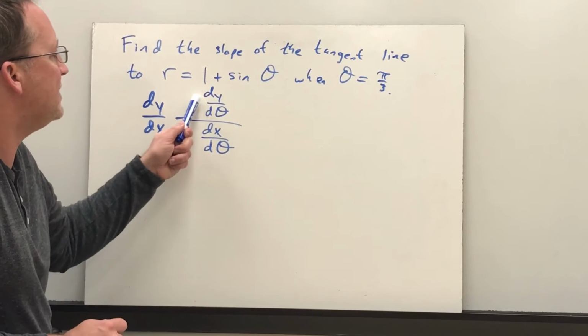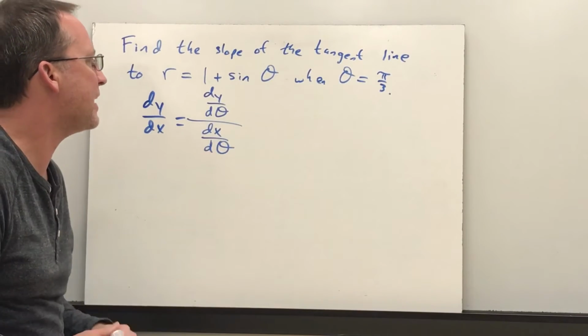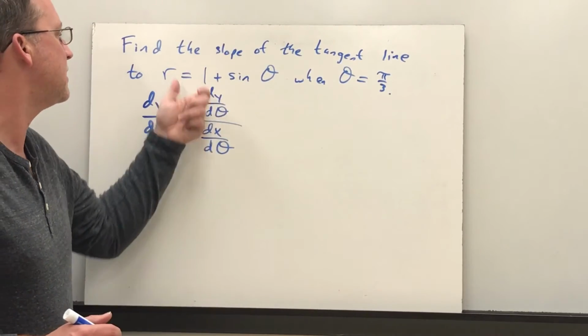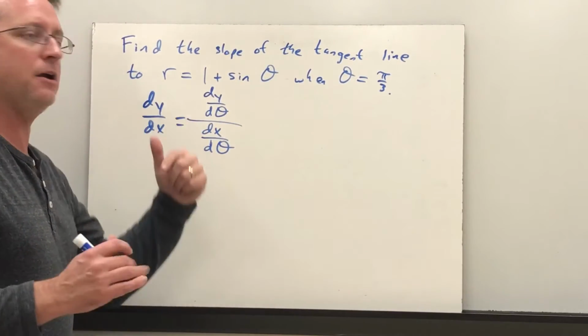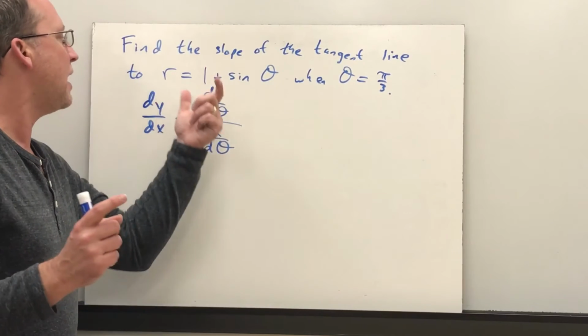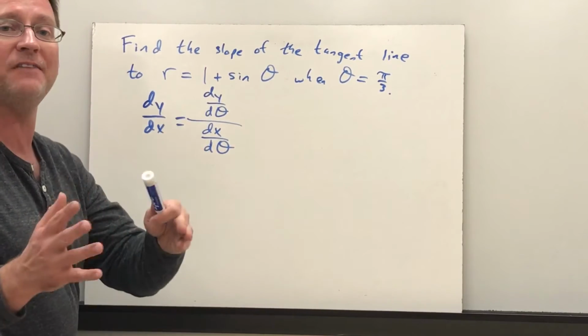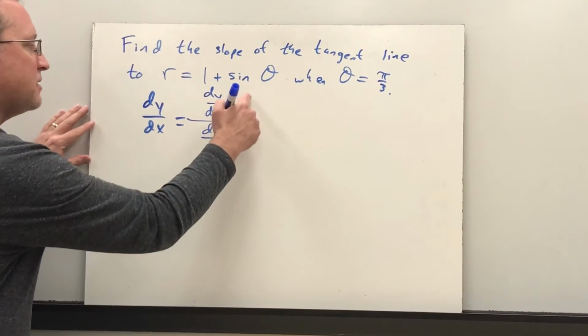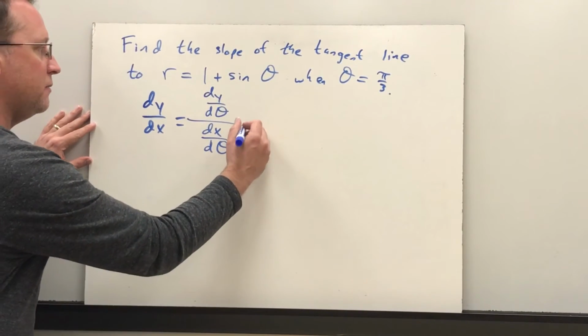So we need to be able to find dy d theta and dx d theta. Now we don't immediately have x's and y's in this equation. Here's where we have to convert and figure out what the y value is and what the x value is of this thing.